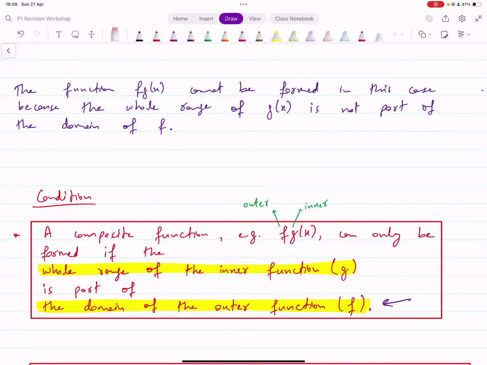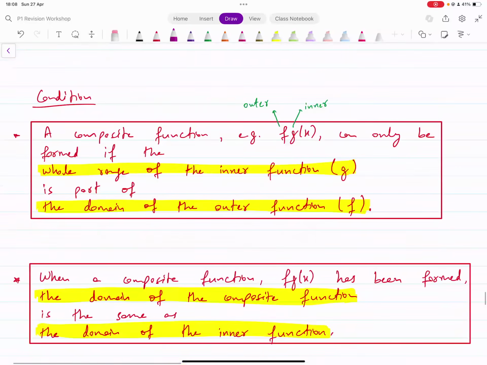The whole range of the inner function should be part of the domain of the outer function. You need to memorize this. Range of the inner function, domain of the outer function. They should be compatible, otherwise the function cannot be formed. Inner function is the function that's next to x, outer function is the function that comes first. This condition needs to be met for the function to work, otherwise it will break.